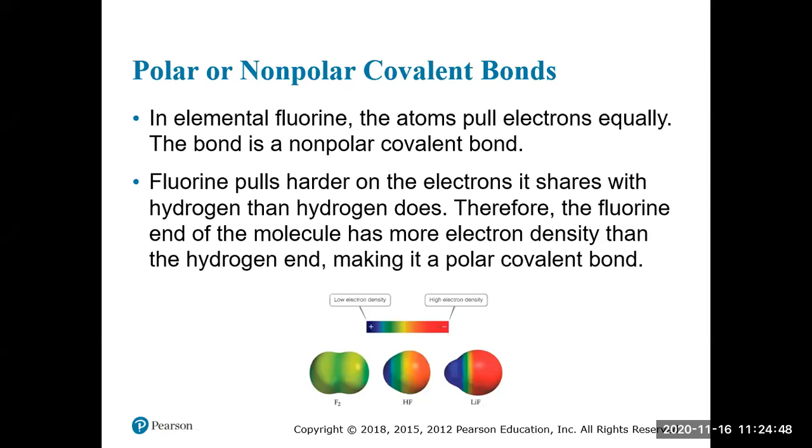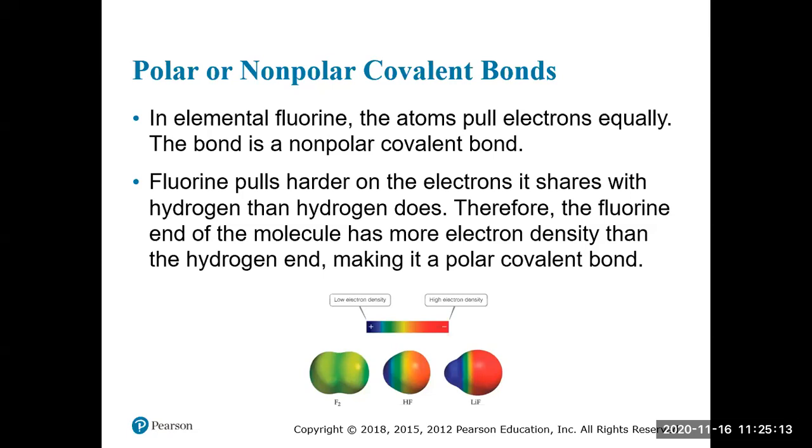What that's saying is that the electron density isn't higher on one fluorine atom versus the other. Since it's equal across that covalent bond, that tells us that it's a nonpolar bond. So remember, nonpolar means the electrons don't favor one atom over another.